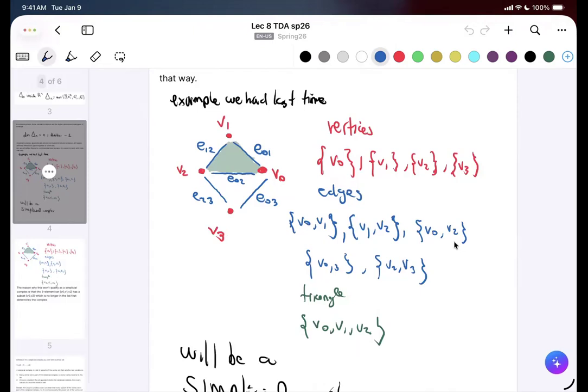For example, here I'm listing the subset V2, V3. I'm interpreting that as saying somehow V2 and V3 are related. And pictorially, you can represent that relation by drawing an edge that goes from V2 to V3, which you can see here in this picture.